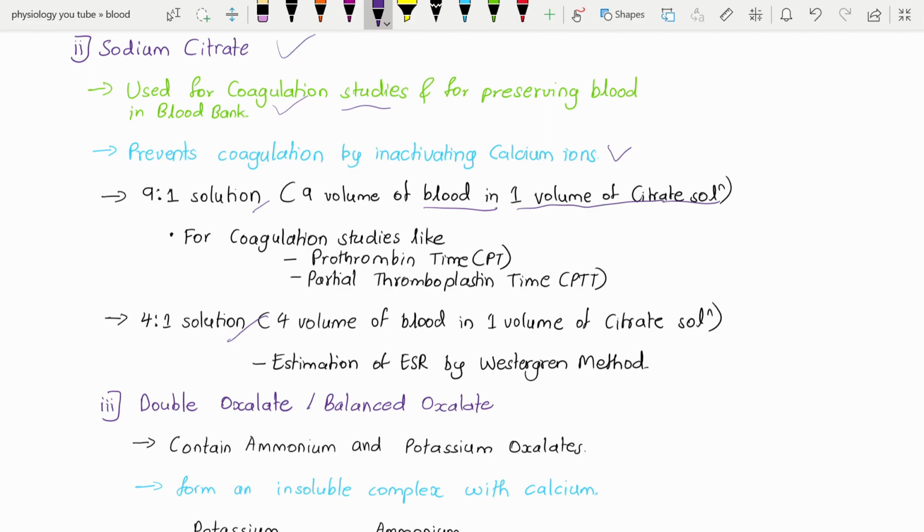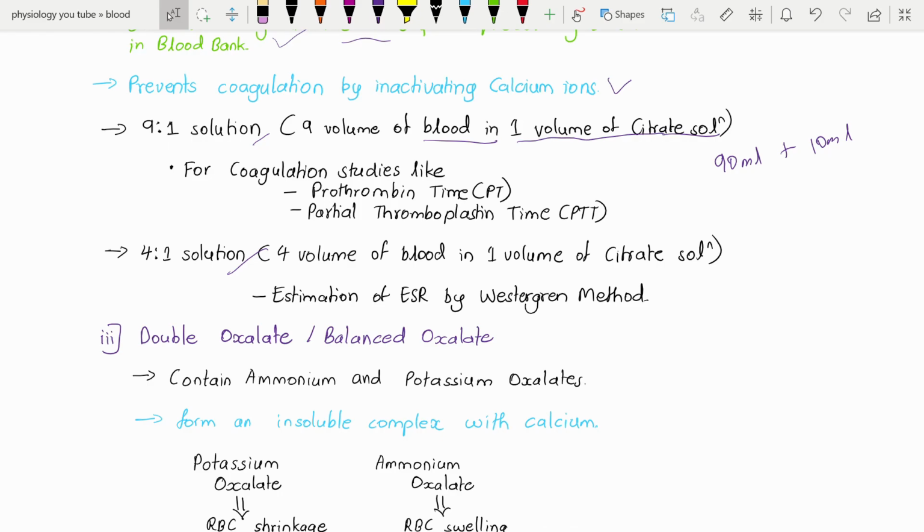For example, 90 ml of blood in 10 ml of citrate solution. In the same way, 4 volumes of blood in 1 volume of citrate solution means 40 ml of blood in 10 ml of solution. This is to give a normal picture.